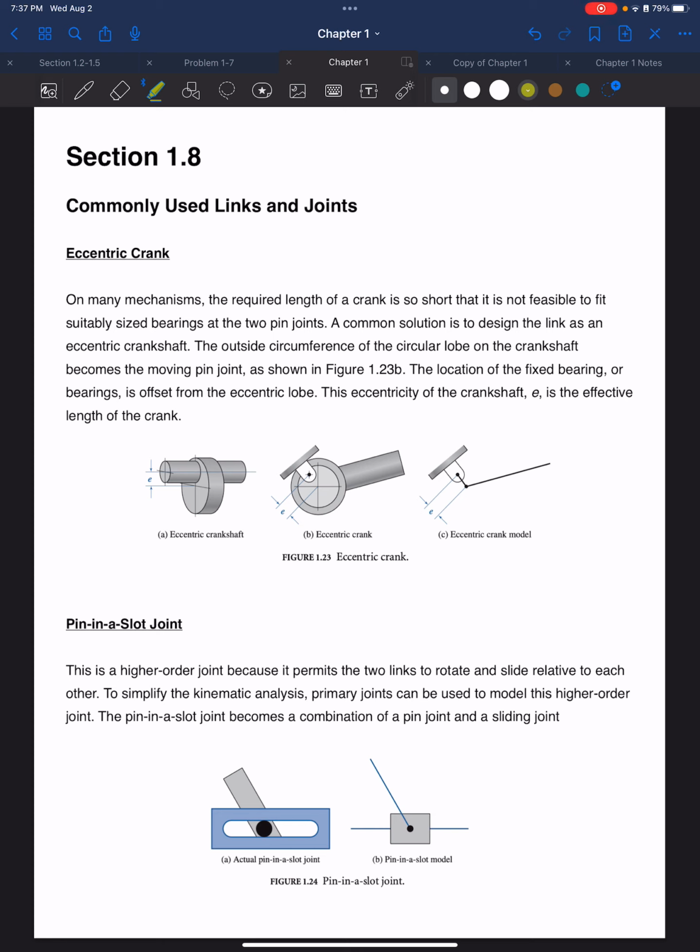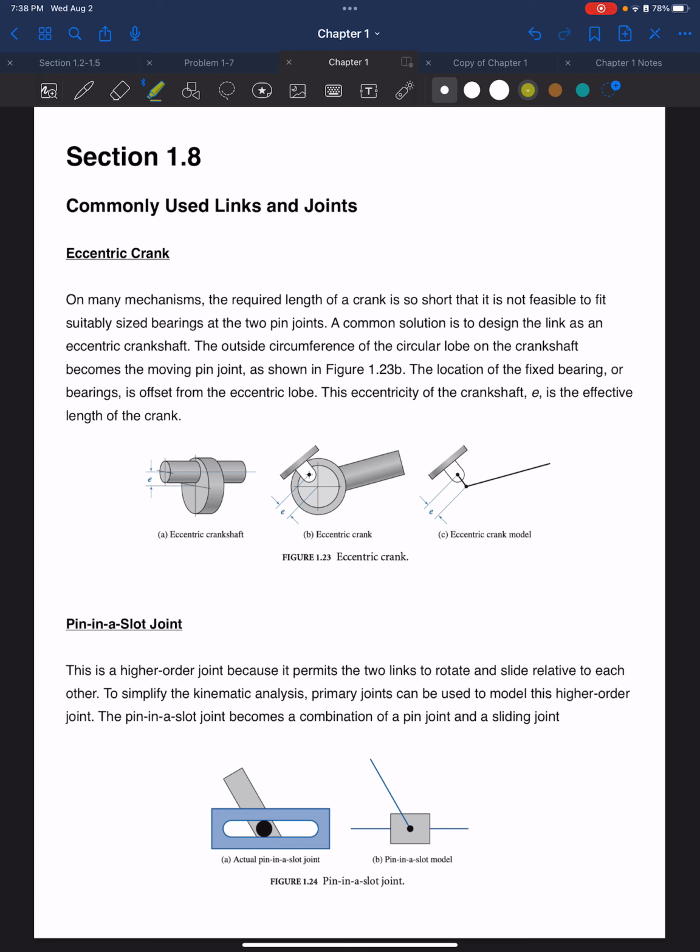In many scenarios, it's just unfeasible to fit an actual link in between 2 points about which you need something to rotate, due to bearing size and size constraints and whatnot.